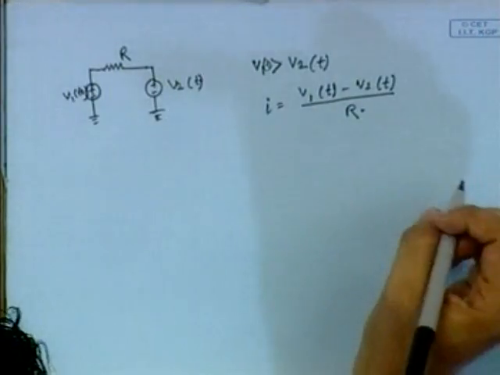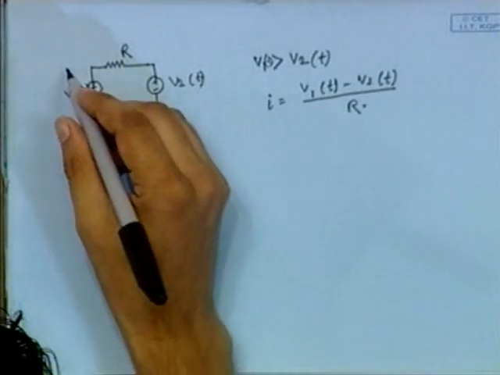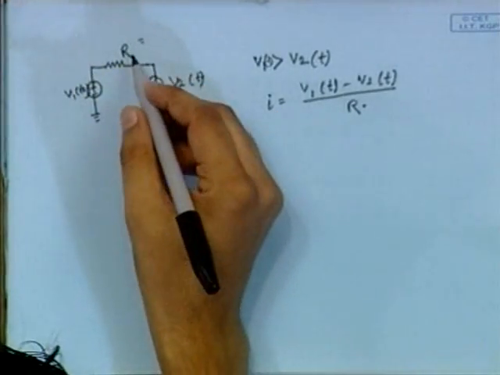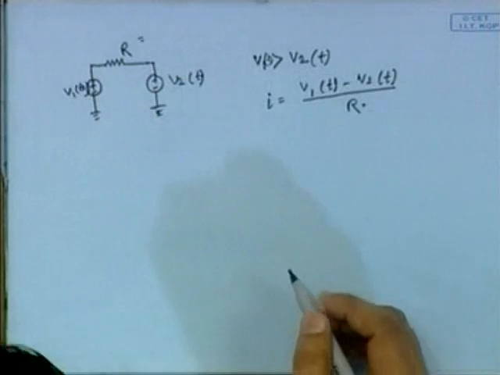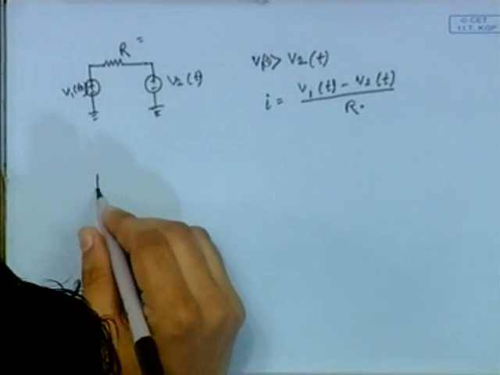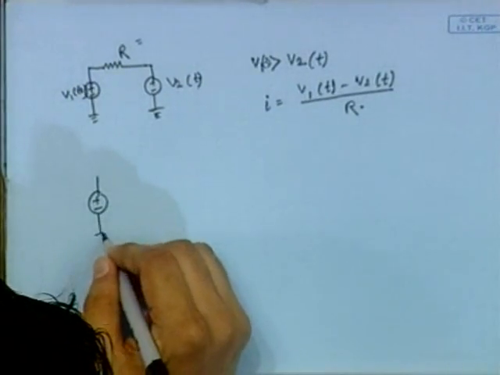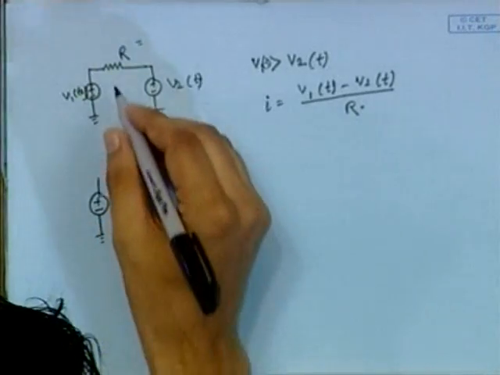Now how can we replace this R using a capacitor? We are designing one equivalent circuit for this one.